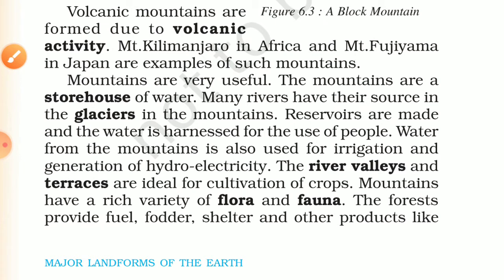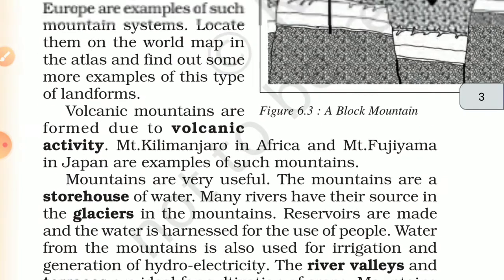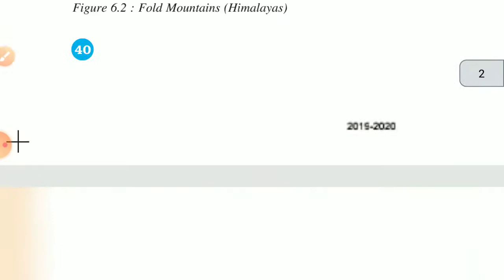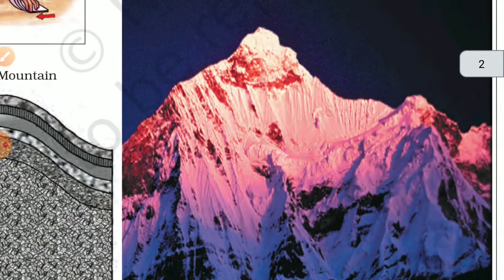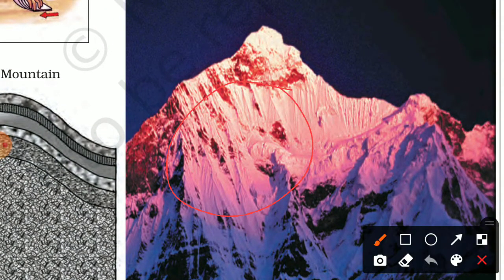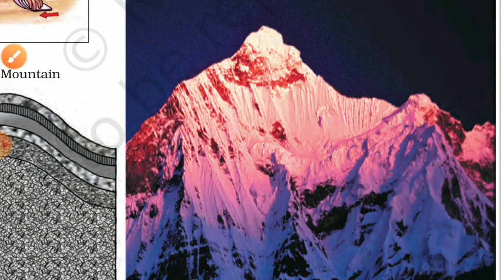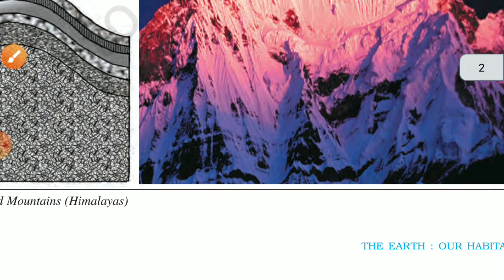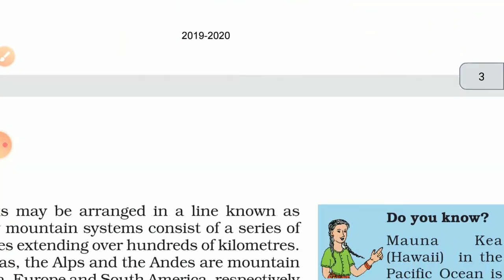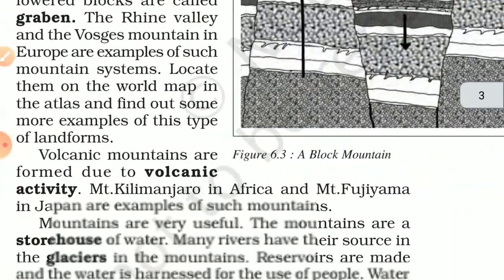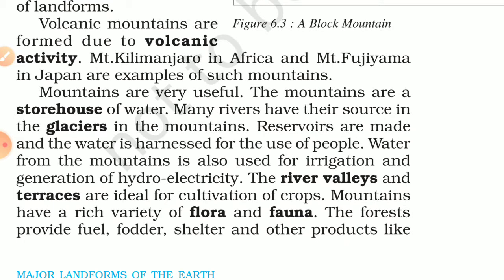Mountains are a storehouse of water. Many rivers have their source in the glaciers in the mountains. As I show you, this is the glacier. As you know, when glaciers melt, they change into liquid, and rivers also come into those particular areas.